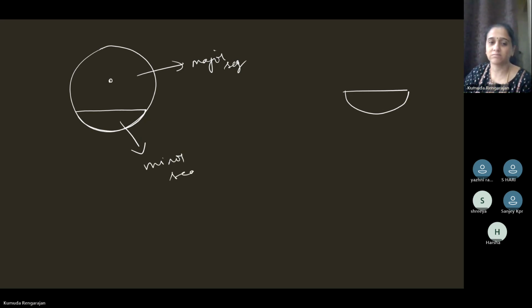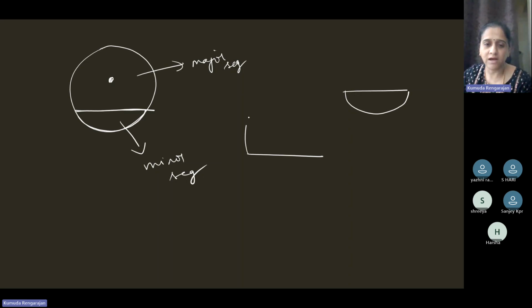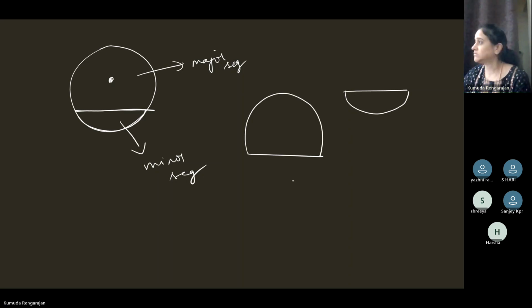Now, if the segment contains the center of the circle, it's the major segment. If it has the center, it's a major segment. If it does not have the center, it's a minor segment. See, circle, the center is here. See, this one is a major segment because it satisfies the definition. Chord and an arc.